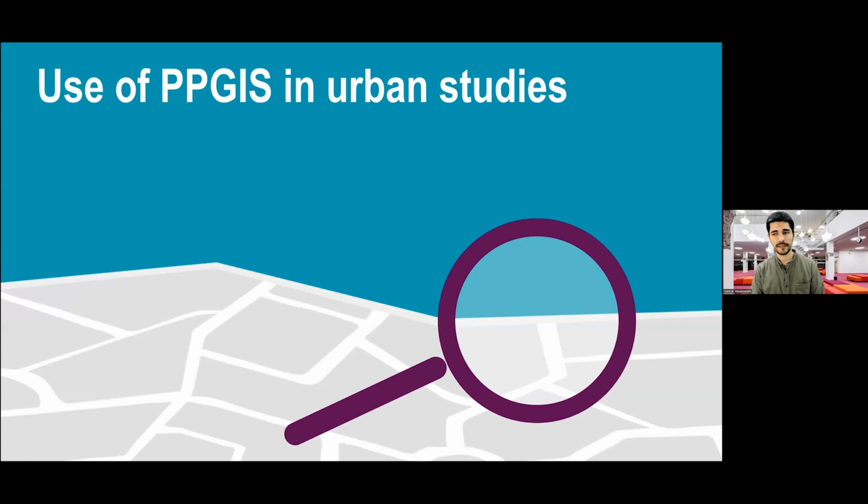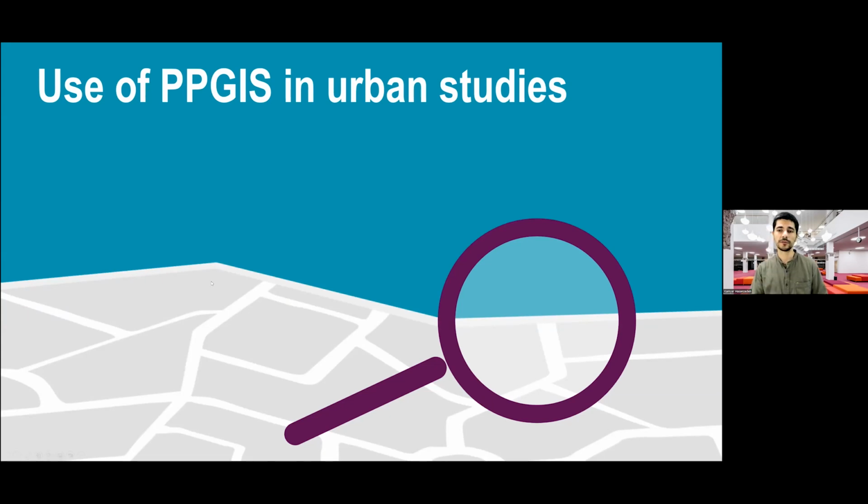So this was a bit about PPGIS, how it is collected, and the pros and cons of using PPGIS for planning and research. From here on, I'm going to go through some examples of the empirical work we have done using PPGIS data. This is the area that I have mostly worked in because of my background. I've done mostly empirical research.